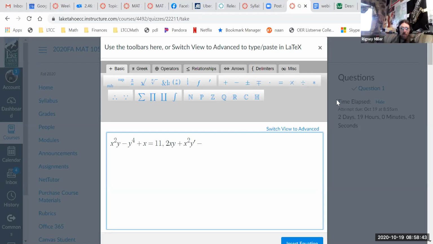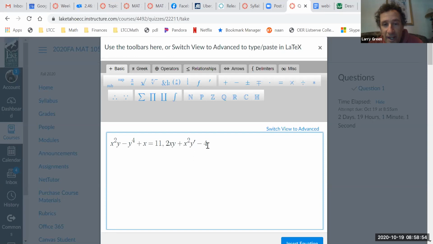Chain rule. Yep, chain rule and power rule. Sometimes you don't even think about power rule because you're just always using it. So it's chain rule and power rule. Derivative of a function to the fourth is 4 times the function to the third. So it's 4y cubed. And then times the derivative of the function, which is y prime. All right, I got that right.